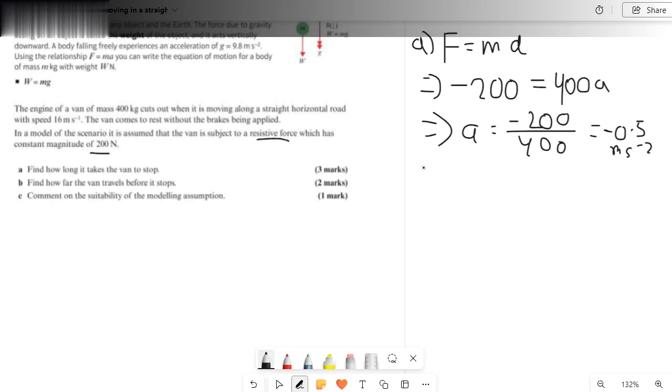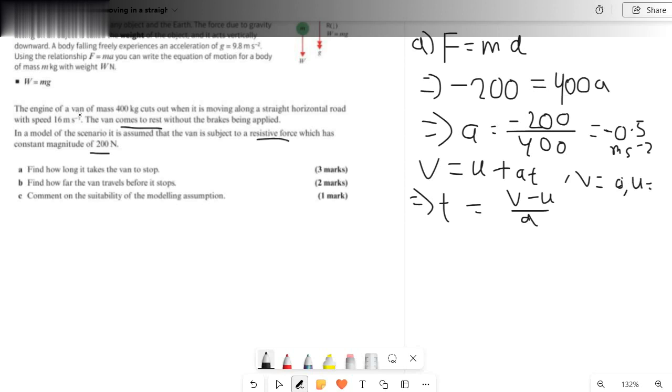And so we have to use the equations of motion, which I discussed in our first video of Mechanics 1, which was v = u + at. And so rearranging for t, we have (v - u) divided by a. We know that the final velocity v is 0 because the van comes to rest, and the initial velocity was 16 meters per second.